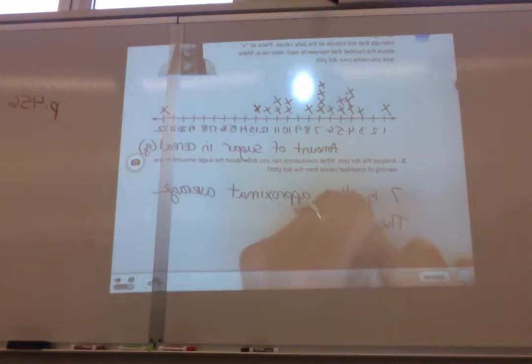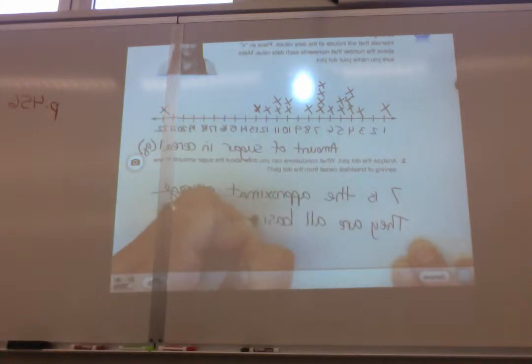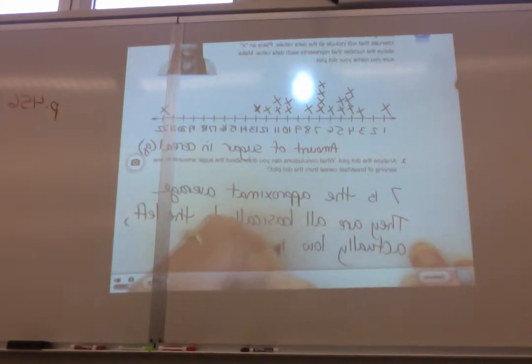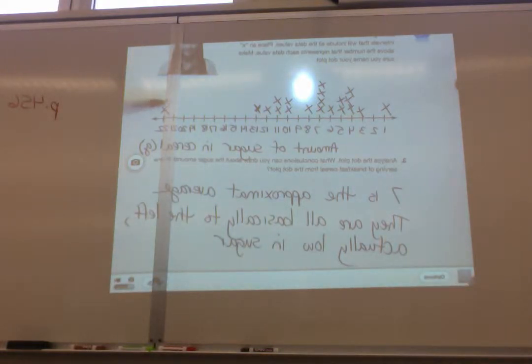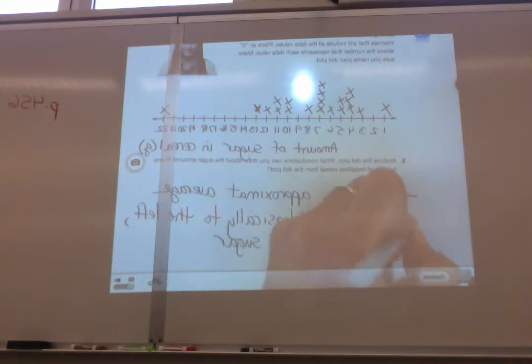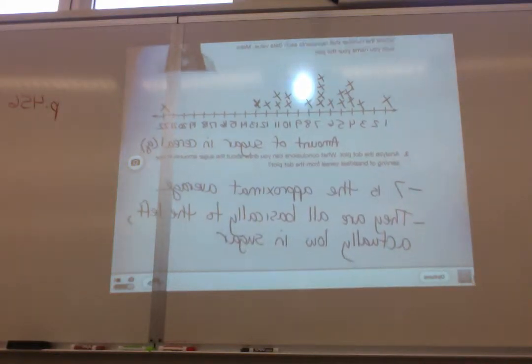They are all basically to the left, which is actually low in sugar compared to, like, the top number is 22, but just because we have 1 in 22 doesn't mean that's a pattern for all of them. So here's one pattern or one conclusion, here's another. What else could we say?